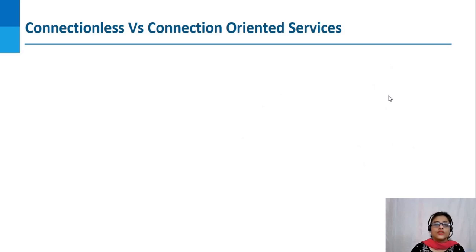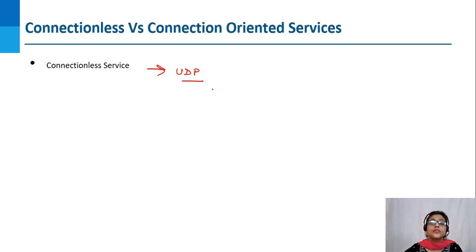Now we move on to connectionless versus connection-oriented services. Connectionless service is basically UDP, or User Datagram Protocol. No path setup is required for connectionless services, and it is used for small-sized data.